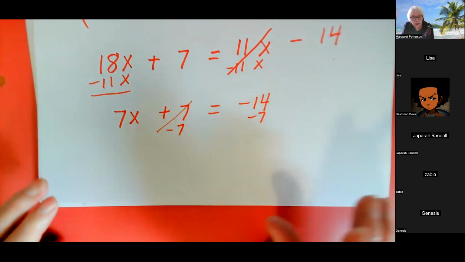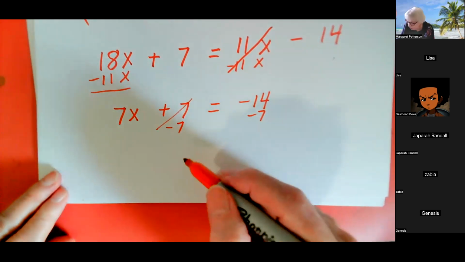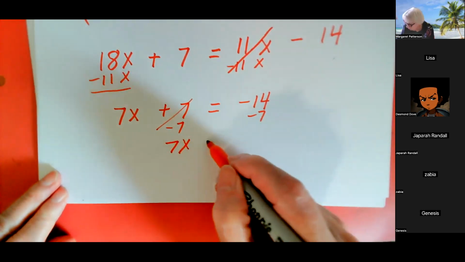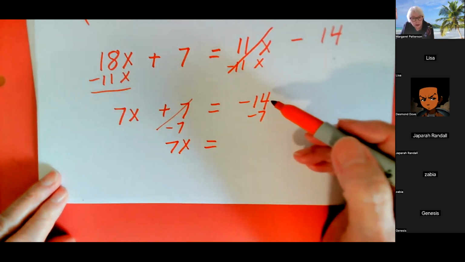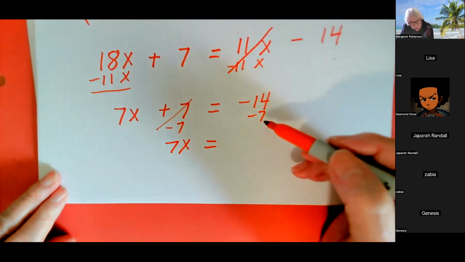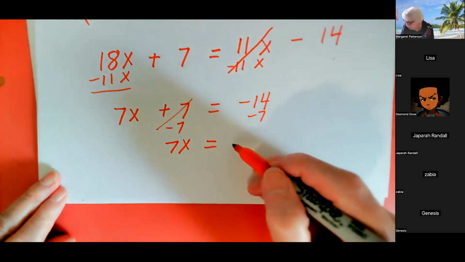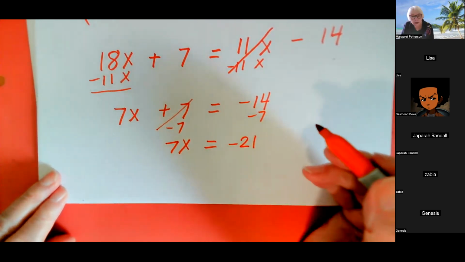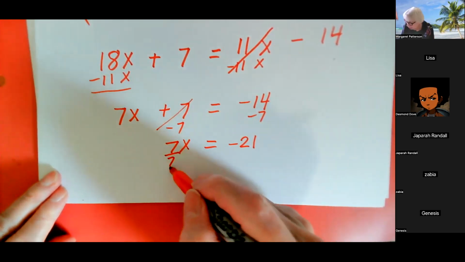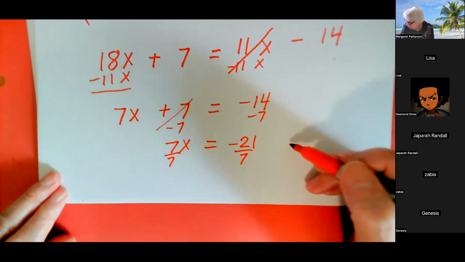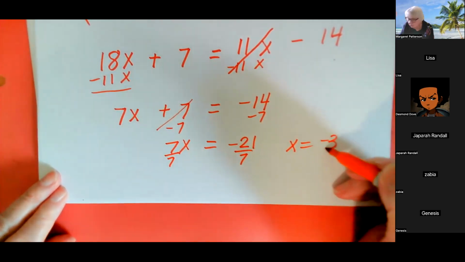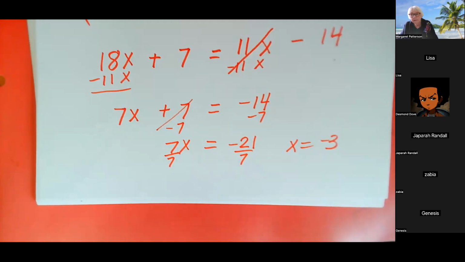The plus and minus 7 go to 0, so I'm left with 7x. And this is a negative 14 and an even more negative, so you add them, it's negative 21. And then I'm going to hit it by divide by 7, and then x is negative 3. How's that?